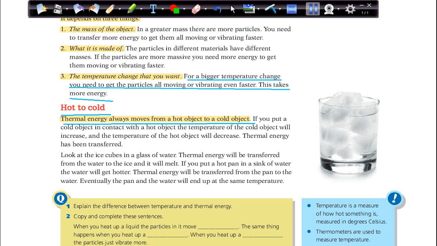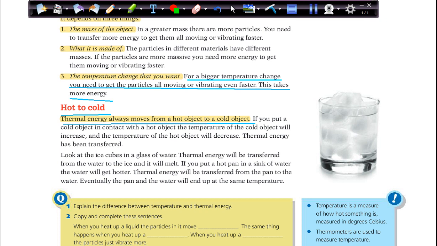The energy didn't leave the ice cube, but the energy from our hands got inside the cube. So always the thermal energy moves from hot objects like our hands, which is warm, or we can say hot in comparison with the ice cube, okay, to the cold objects, which is the ice cube here.